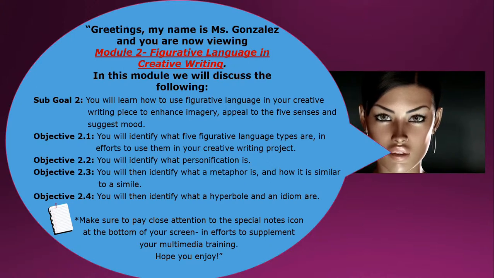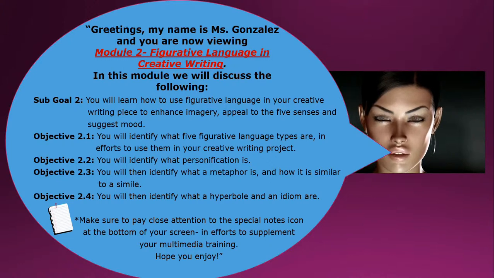In this module, we will discuss the following. You will learn how to use figurative language in your creative writing piece to enhance imagery, appeal to the five senses, and suggest mood. You will identify what 5 figurative language types are and efforts to use them in your creative writing project.